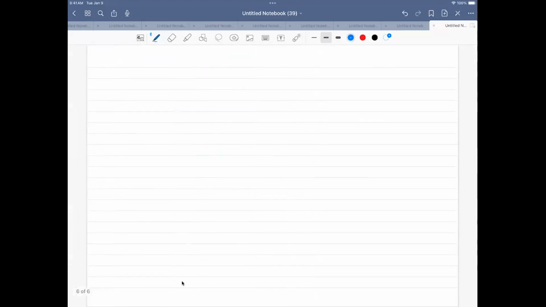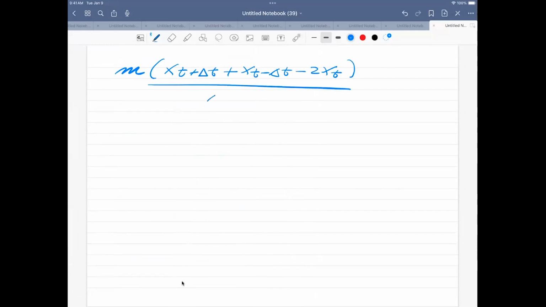So let's look at this equation here. And so we plug it in, so we have m, and this is the approximation to the second derivative, x of t plus delta t plus x of t minus delta t minus 2x of t, and this is divided by delta t squared. And I have plus mu of x of t plus delta t minus x of t divided by delta t.